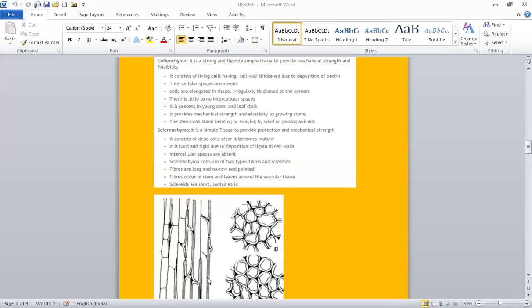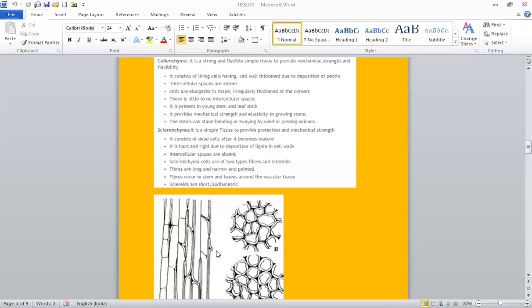Now, the third type of simple permanent tissue is sclerenchyma. Sclerenchyma is a simple tissue that provides protection and mechanical strength.